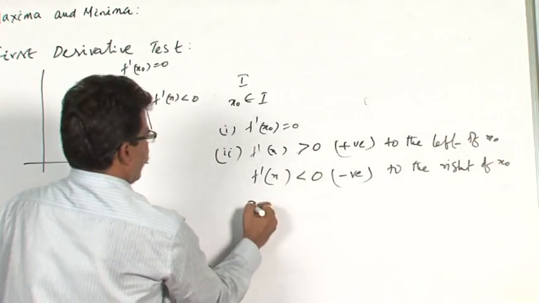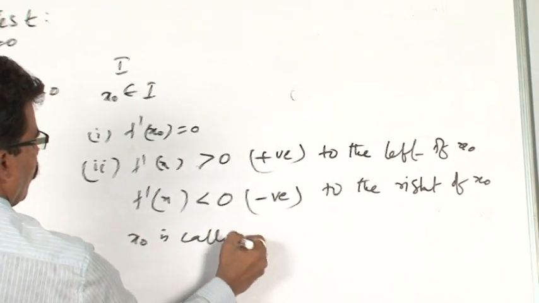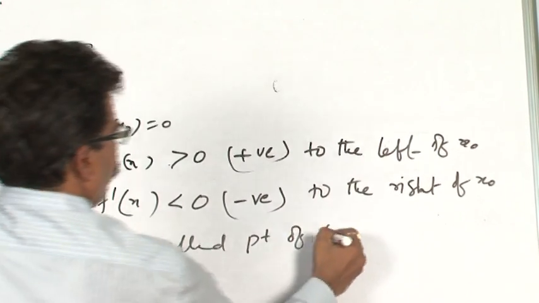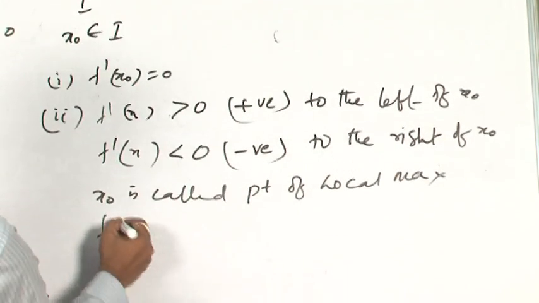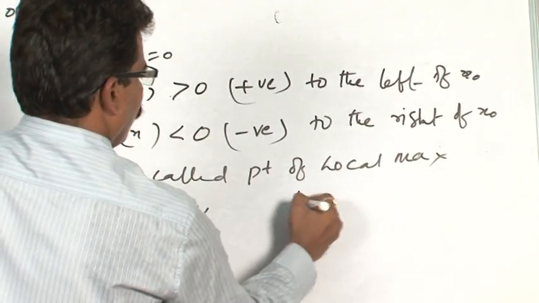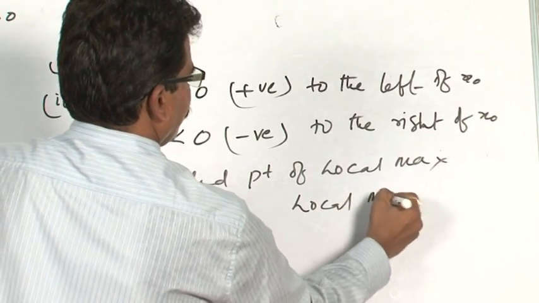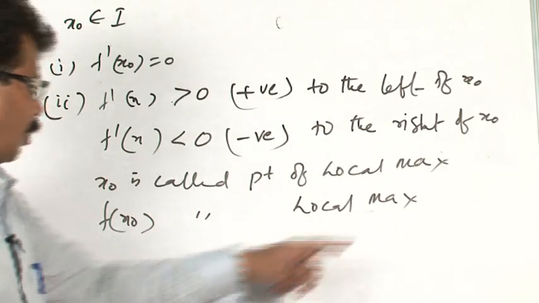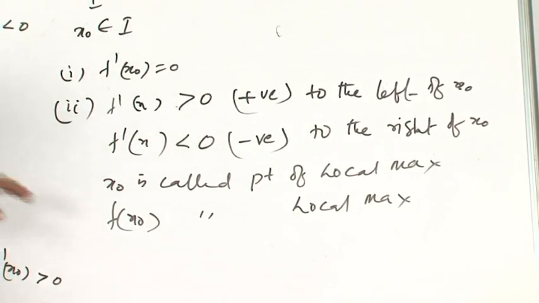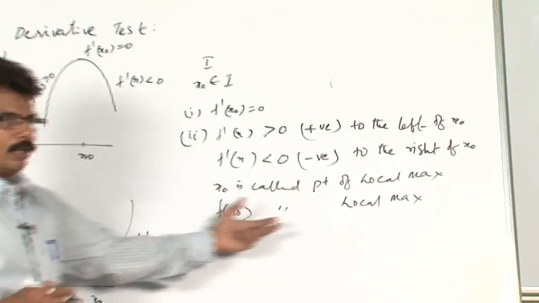So then this point x naught is called point of local maximum and f of x naught is called local maximum. See the difference between point of local maximum and local maximum. So how to get local maximum? You have to substitute that point in the given function, and you will get the local maximum.